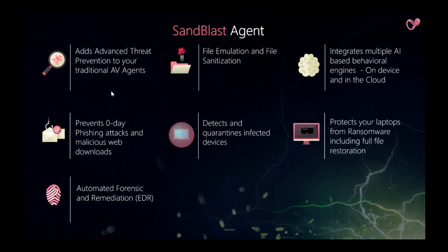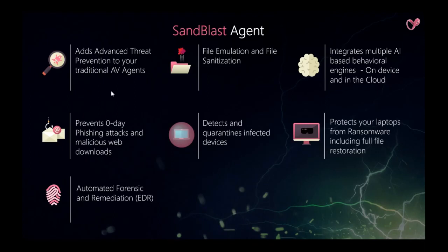So this will be shared with all the Checkpoint products. So in future, those never-seen-before attacks will get prevented using the signature-based method only. It won't go to the emulation again. So this is called threat extraction and emulation, and we can prevent the zero-day phishing attacks and malicious web downloads.